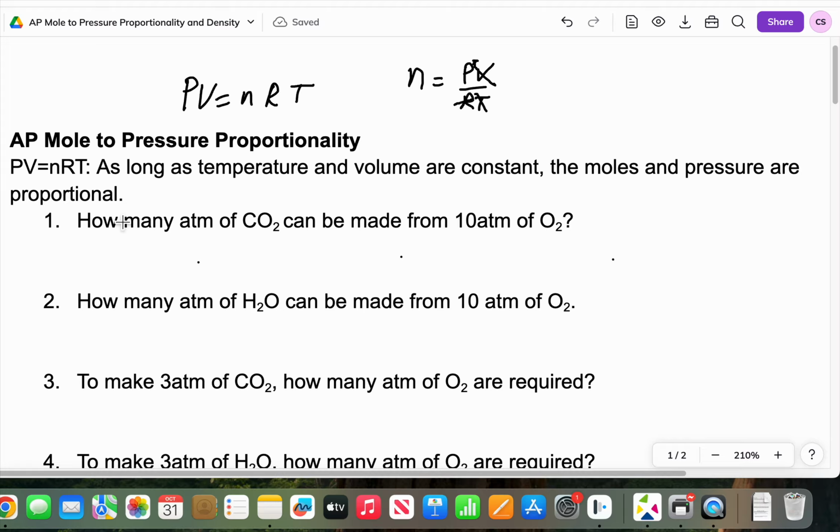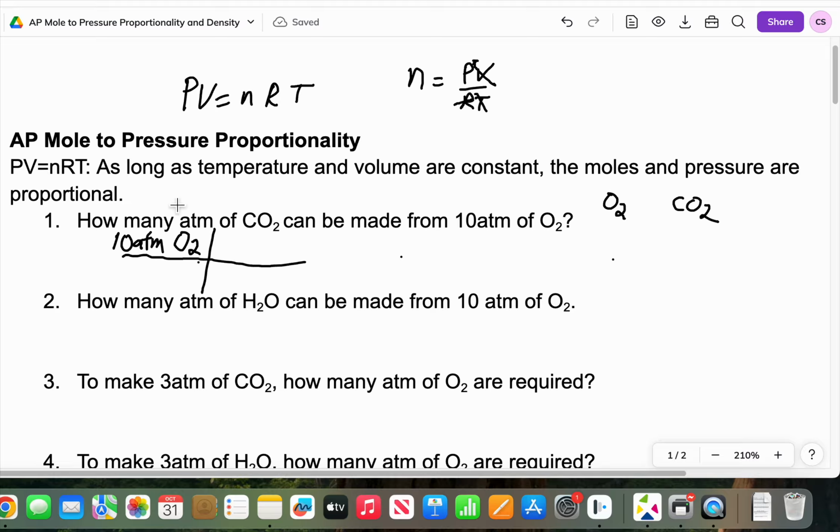Okay, so here's an example of what you can do. If you have 10 atmospheres of O2, you can write that, then draw your little picket fence, and look at the formula of CO2. I'm looking at the number of O2s and CO2s, and you can make it proportional.